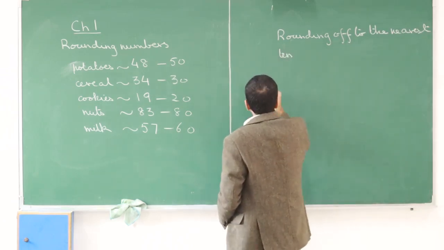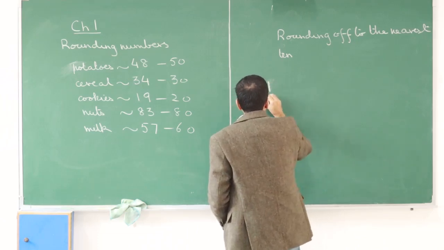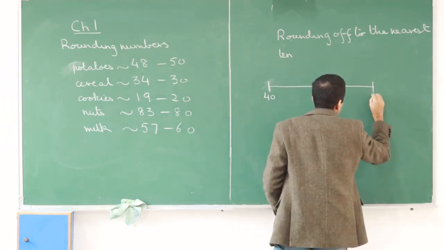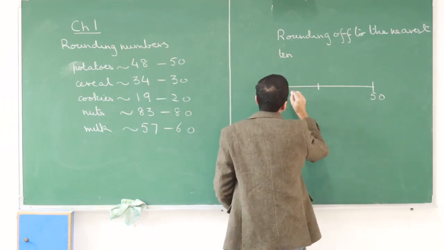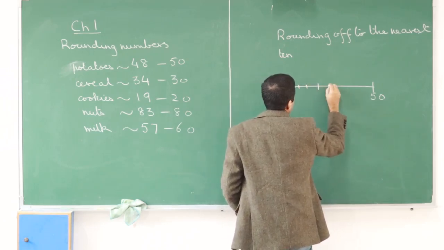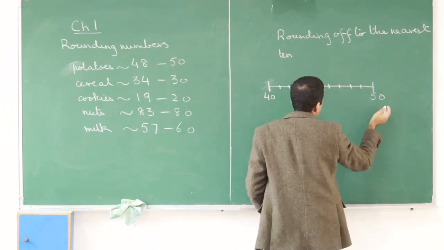Let's say take a number like 48. So here's 40 and here is 50, right? And you have maybe 45 here. So 41, 42, 43, 44, 45, 46, 47, 48, 49 and 50.